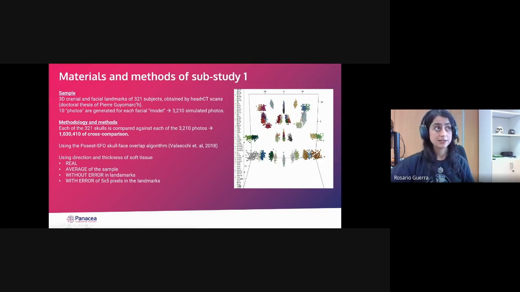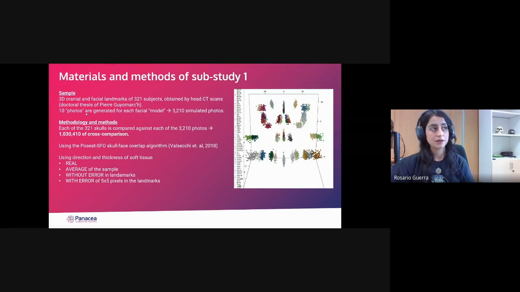So in this first sub-study, we had 321 CT scans coming from the thesis of Dr. Guyomarc'h, and we obtained 321 3D models from these, and generated photographs from each facial model, which means over 3,000 photographs.